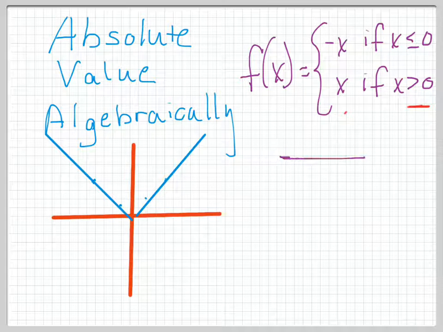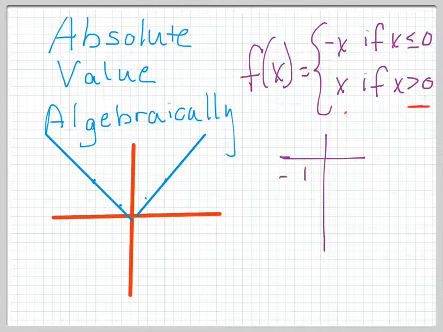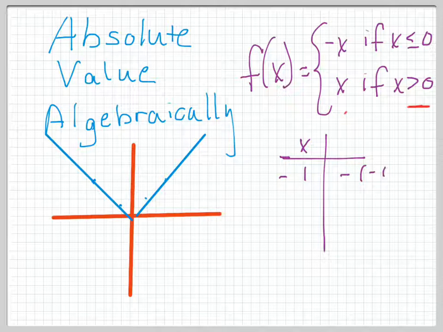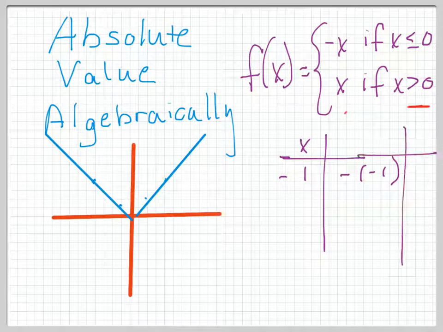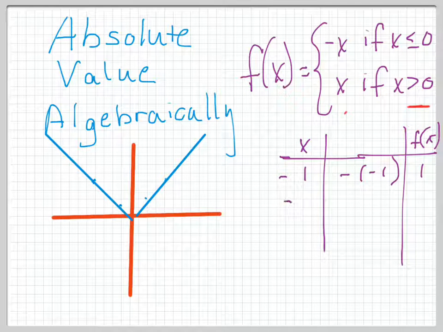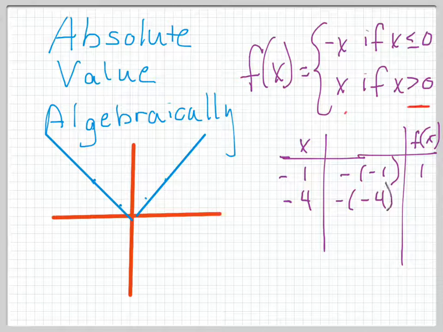So I just want to clarify a little bit. If we pick a point like -1 for x, we're taking the negative of -1, which would give us +1. And if we took -4, then we're taking the negative of -4, which would be +4.